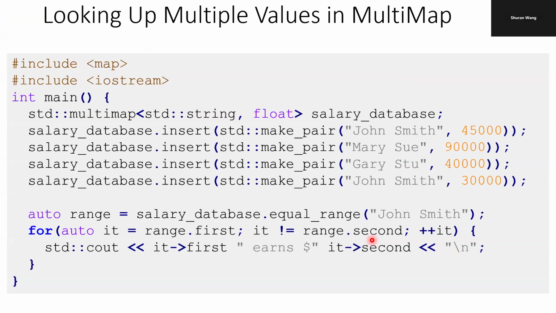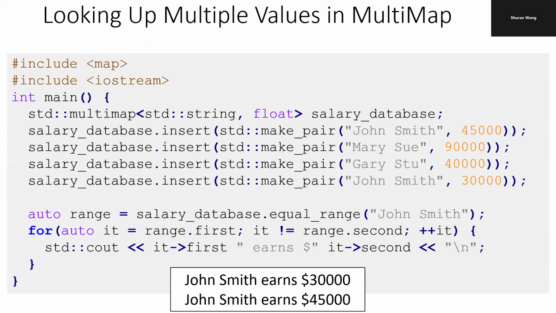We just continue. If range.first is not equal to range.second, we can increment the iterator each iteration, and we can output it. Then in this case, John Smith earns 30,000, John Smith earns 45,000. So we can cover the entire range.